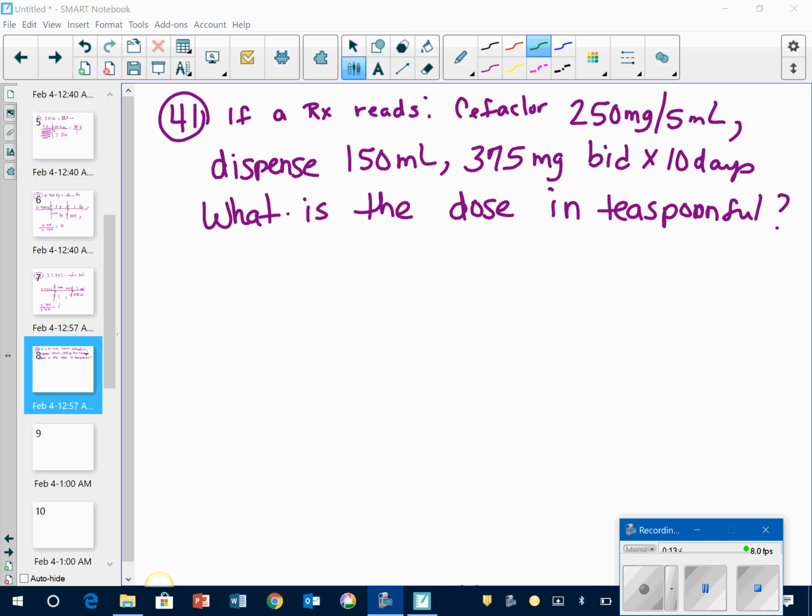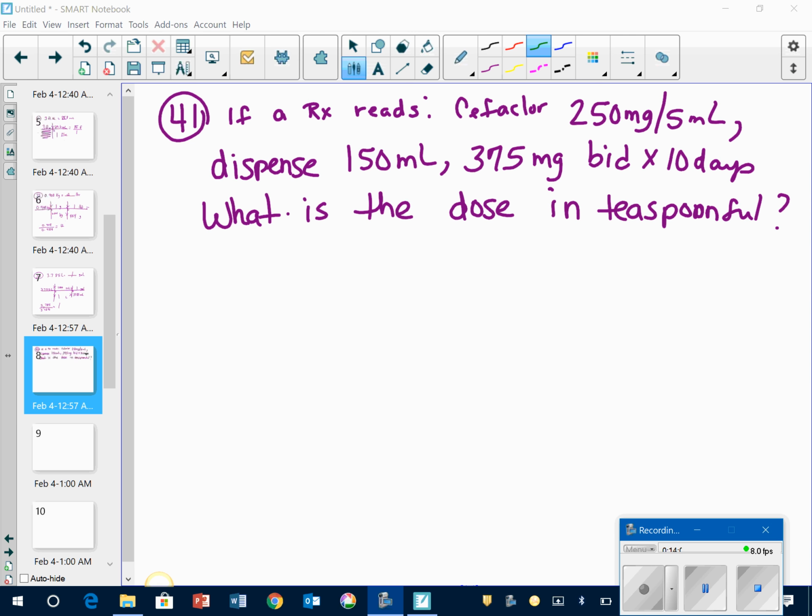Okay, number 41 through 45 is asking you pretty much to find the missing dose. But what you're going to be doing is setting up a ratio proportion, and then one of those numbers on the ratio proportion you may have to convert first.